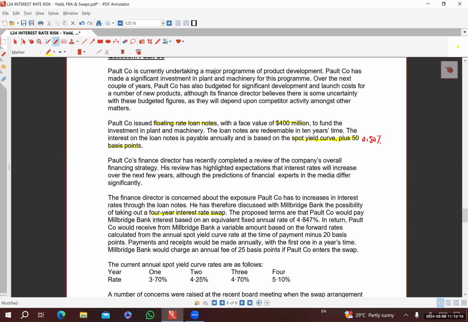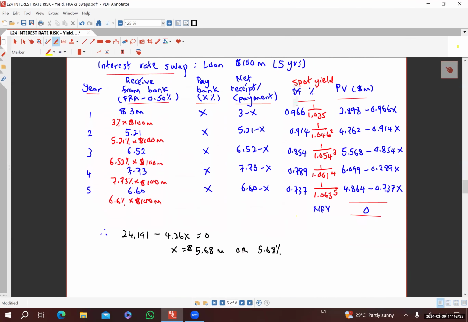The proposed terms are that Pork would pay the bank fixed rate 4.847%. So that rate is given. If it's not given, you can actually work out. So this one is given. They can also ask you to work out.